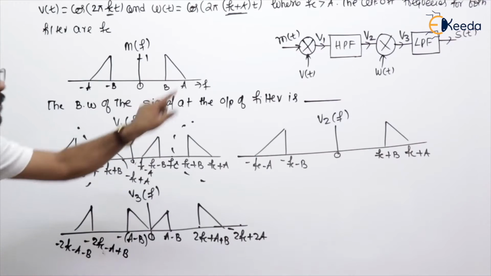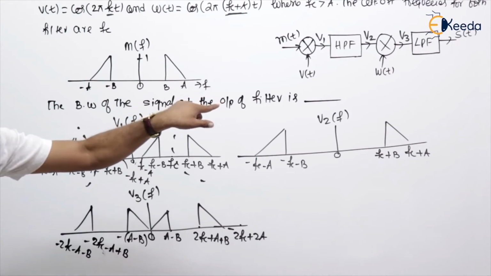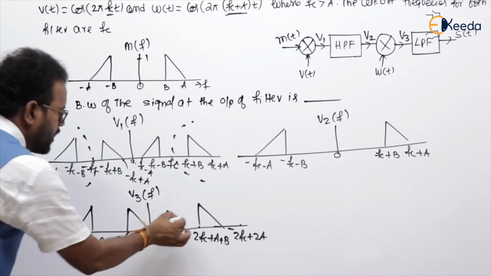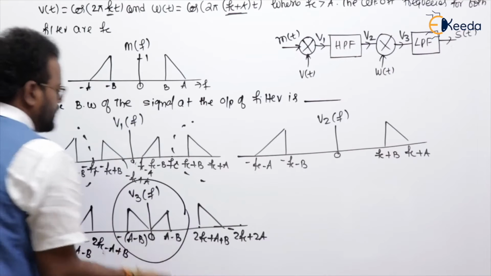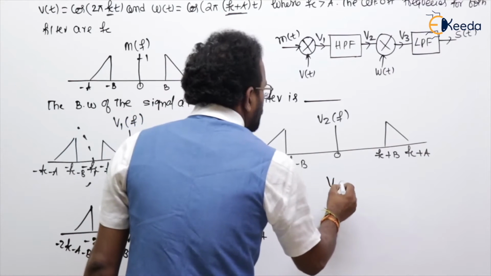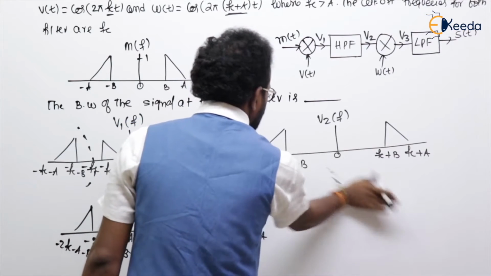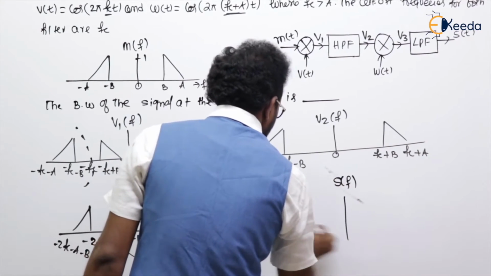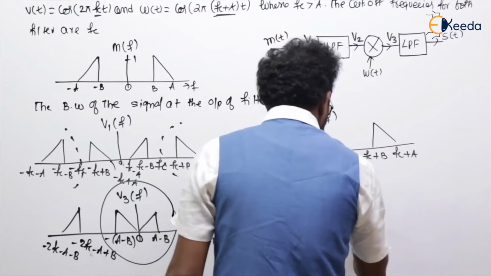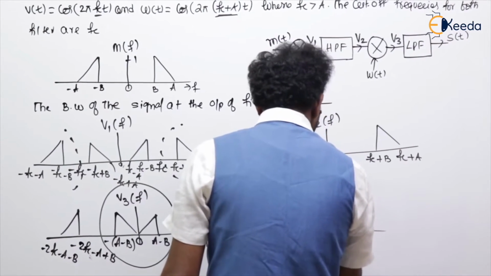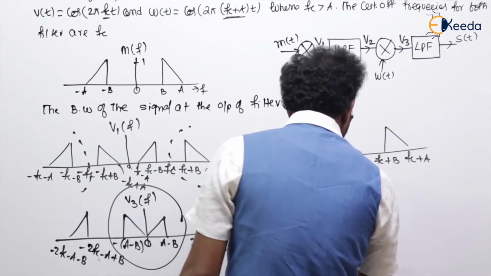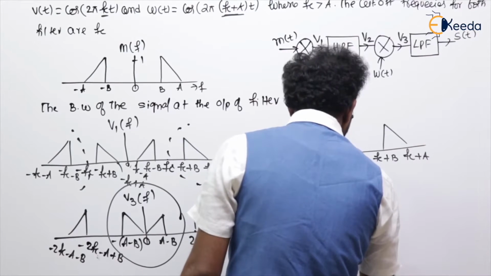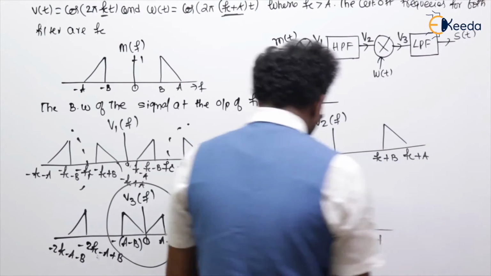This is given to a low pass filter, cutoff frequency fc, so it allows all the components below fc. So what is V4? V4 is nothing but s. So what is s of f? Less than fc. What are the things there? This is a plus b, sorry, a minus b.